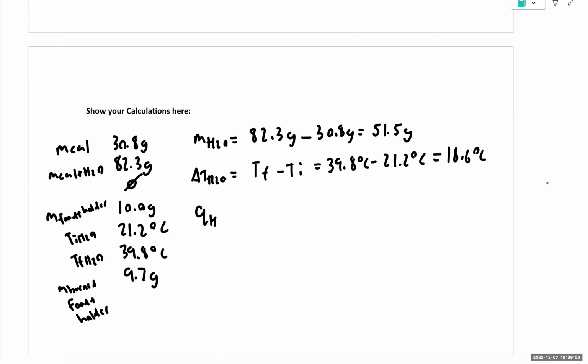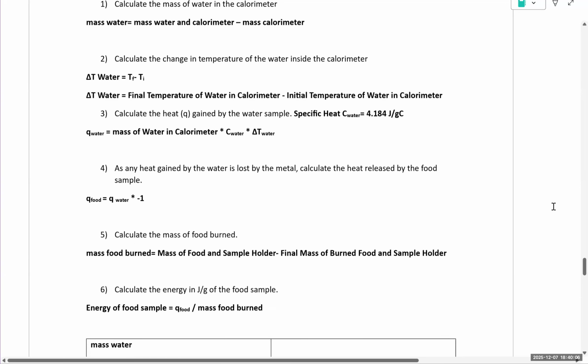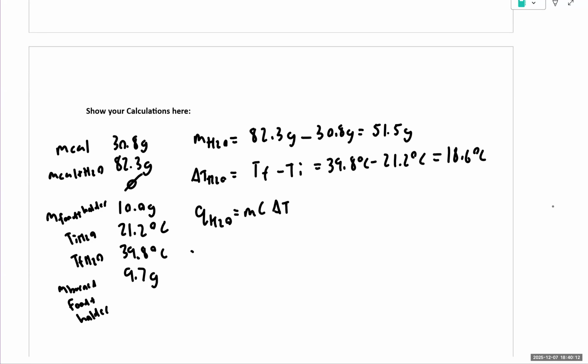We're then going to calculate the heat gained by the water sample by taking the mass times the specific heat times the change in temperature. So Q water is equal to mc delta T, where c is 4.184 joules per gram degree Celsius for water. This is found in both the lab manual and the pre-lab lecture.